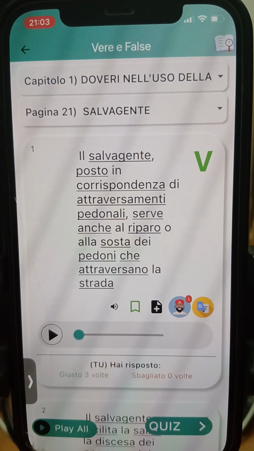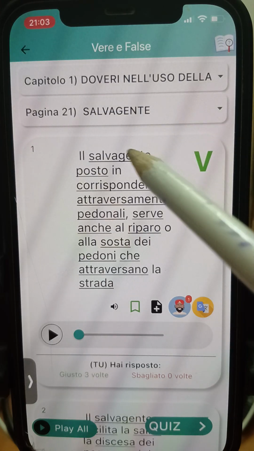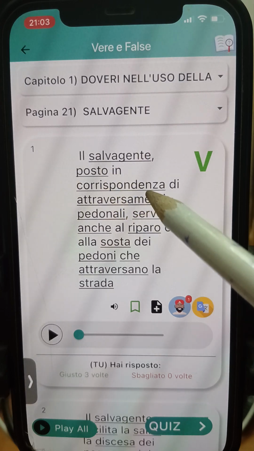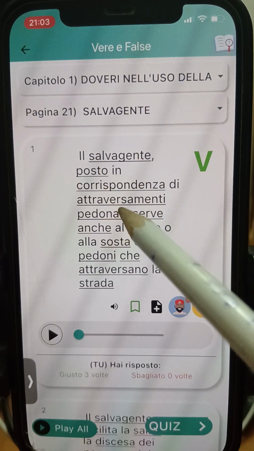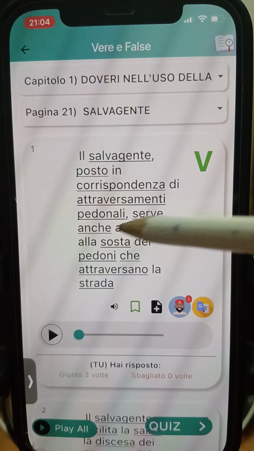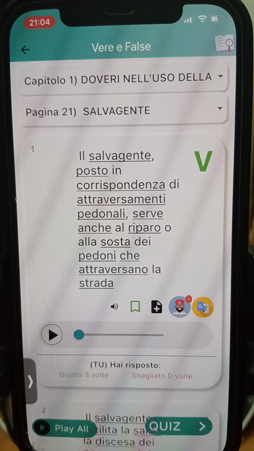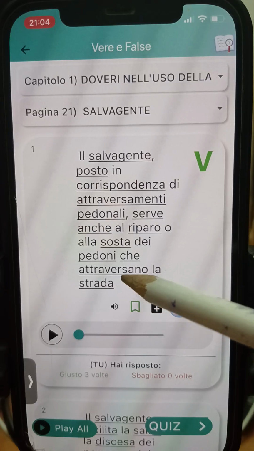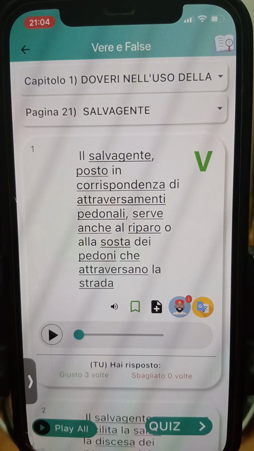Now let me break it down in simple pidgin English. It says salvagente, this lifesaver, if they post it at the exact spot where the attraversamento pedonale, known as the zebra crossing, is, it helps as a shelter, as a guide, or a parking place for pedestrians who want to cross the road.